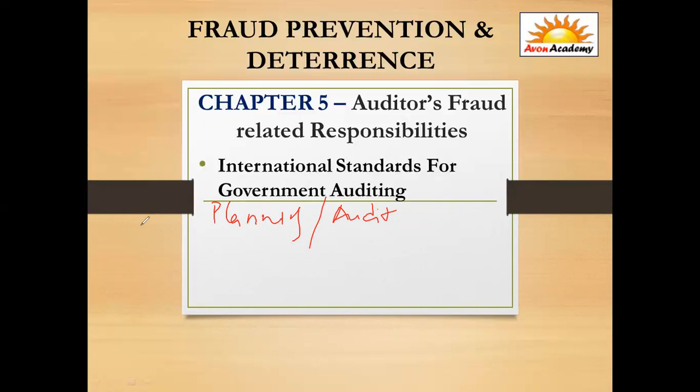Then the auditor should identify and assess the risk of fraud relevant to the audit objective. Then the auditor should plan their work to ensure that the audit is conducted in an effective and efficient manner. That is the before-the-activity part.